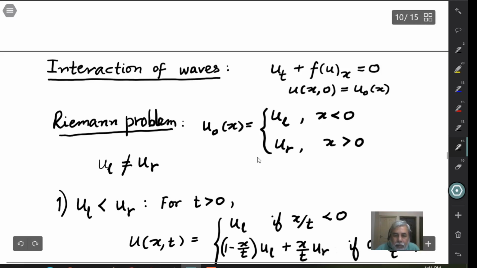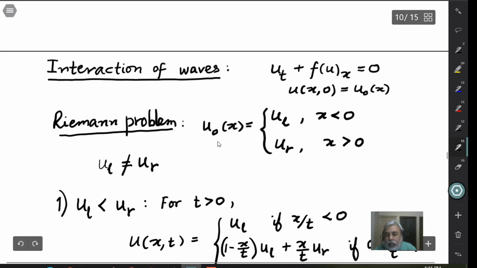These are the building blocks for a general initial value problem, and a numerical scheme called the Godunov scheme is based on the solution of the Riemann problem. The Godunov scheme is used both for computation as well as for theoretical purposes. So we start with this discussion of the Riemann problem.